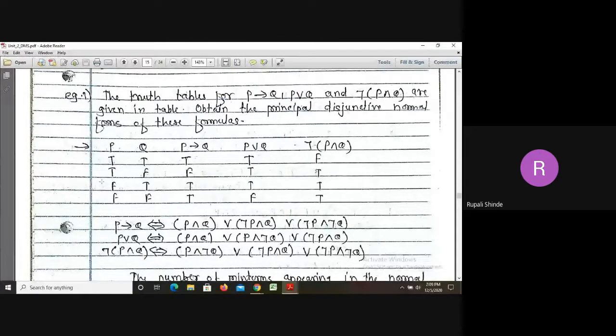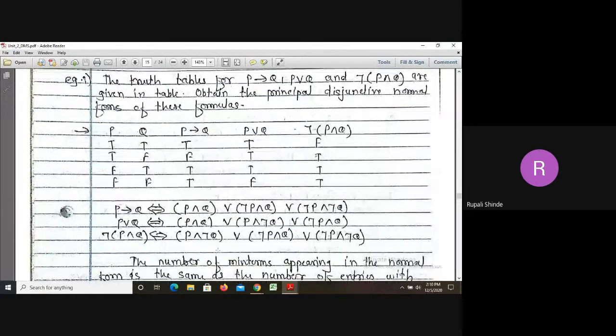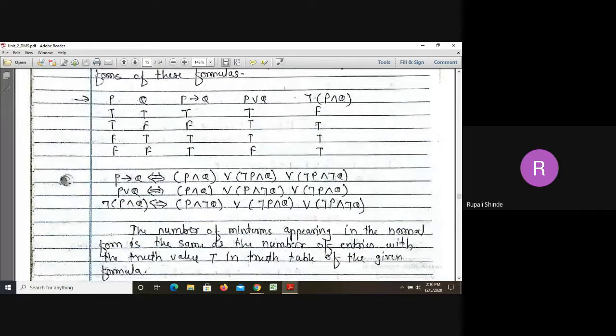The first T is written for the combination of truth values TF, so the first minterm we can define as P and negation Q. The second minterm is for FT, so again negation P and Q. And for the third T, the combination of truth values is FF, so the minterm is negation P and negation Q. Finally we have to combine all these minterms by the disjunction operation, that is the OR operation. In this way we can obtain PDNF from a truth table.